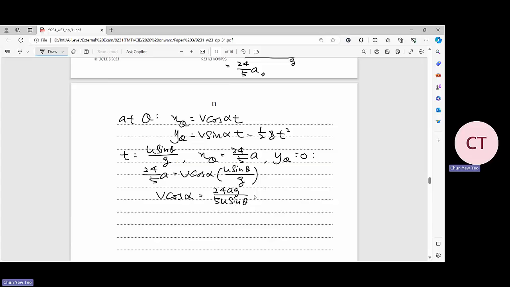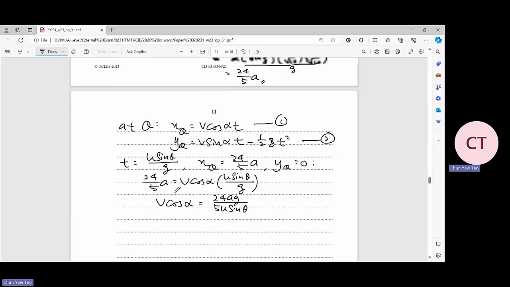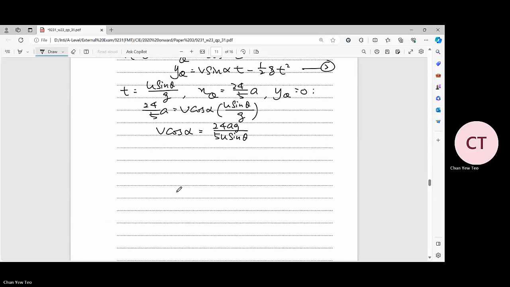Okay. This one I call number 1, I call this one number 2. So from number 1, I get this. From number 2, I will get 0 equals V sine alpha T minus a half G T squared. Factorize the T out.